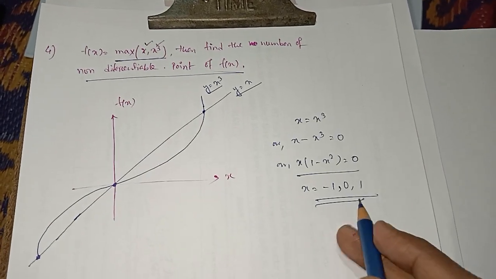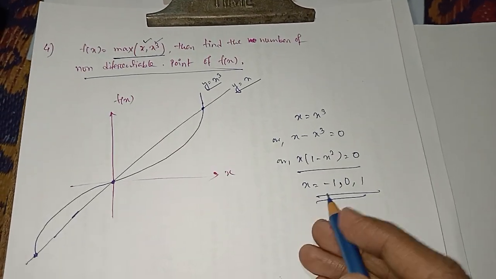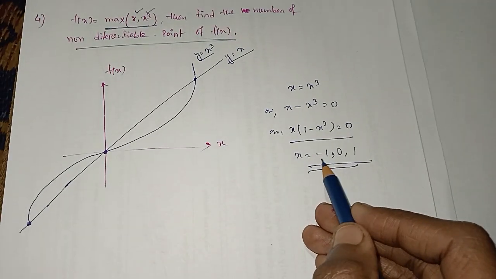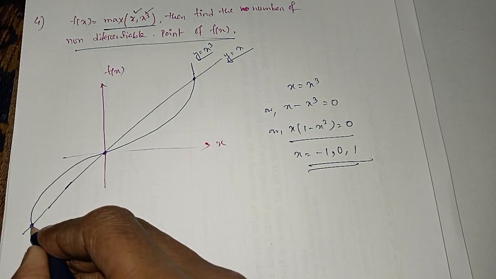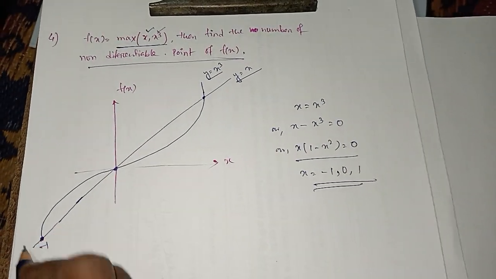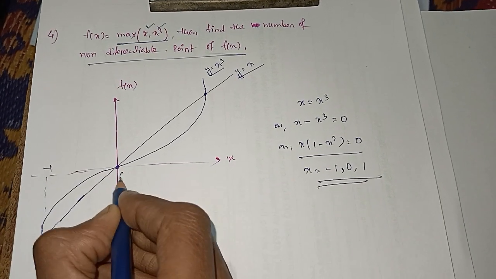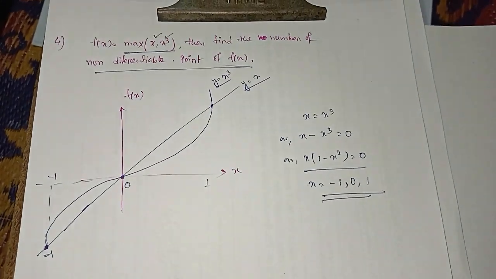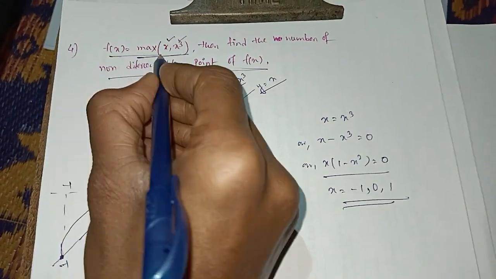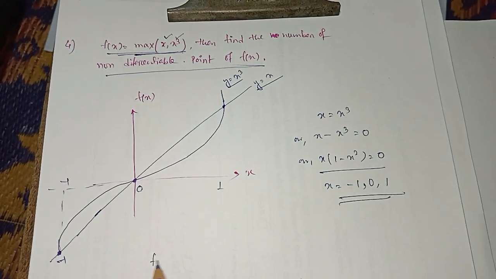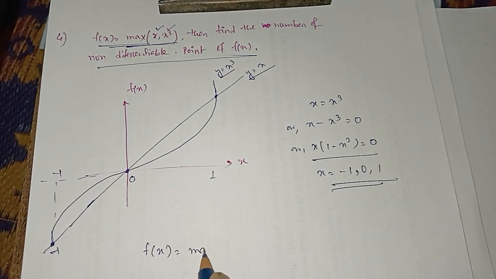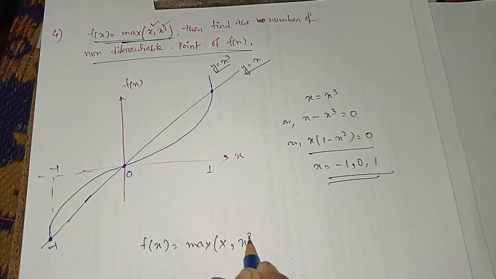So the two graphs intersect at minus 1, 0, and plus 1, but the function is given as the maximum of these two. So f of x is equal to the maximum of x comma x cube.